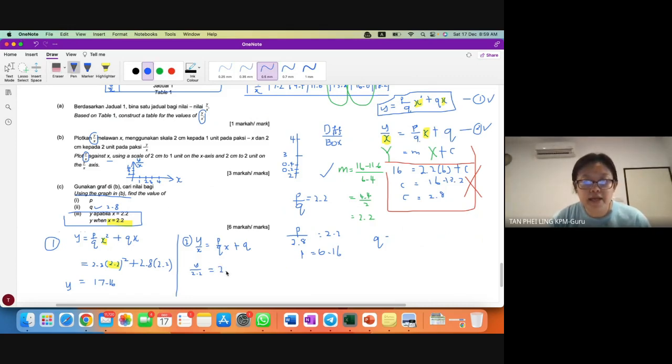Okay, and then my x is also 2.2. We just substitute in 2.2. And then my q is 2.8. So they are the same. You do this one and see. Okay, you found the answer 4.4. You get 7.2. And then you times 2.2. You will still be getting the same answer, which is 17.16.